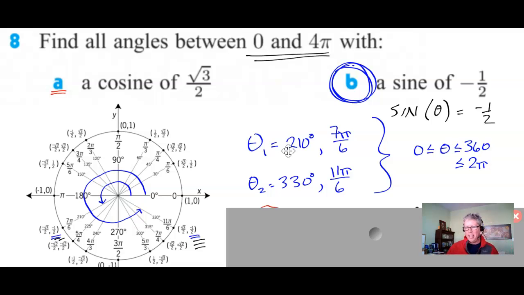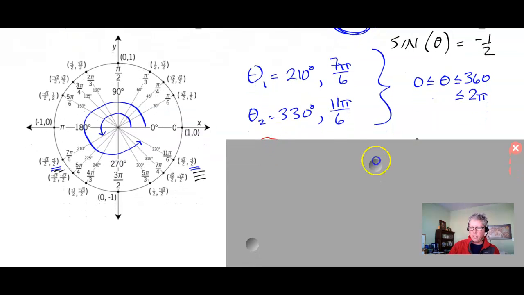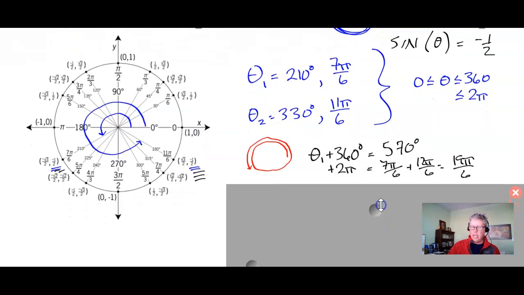All right. But we have to now think about, well, what if we go around again? Well, that's simple enough. What we're going to do is think about it. If you want to draw it, you can. That inside one, just think we're doing an angle that goes around and then continues around and lands right there where we have that -1/2.